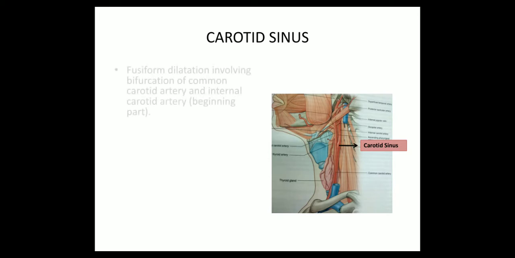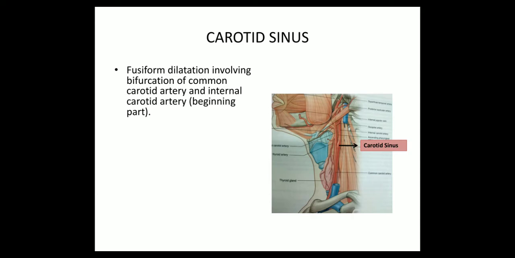Carotid sinus. It is nothing but a fusiform dilatation involving the bifurcation of the common carotid artery and the beginning of the internal carotid artery. That is, the beginning part has a dilatation. Here the wall of the artery is thinner and more elastic.